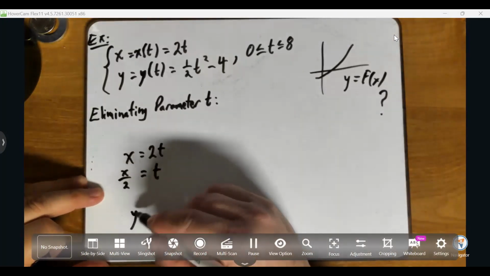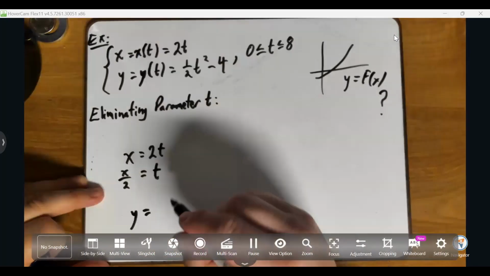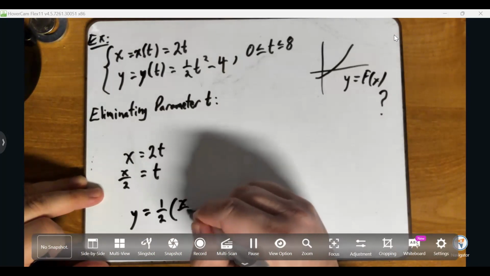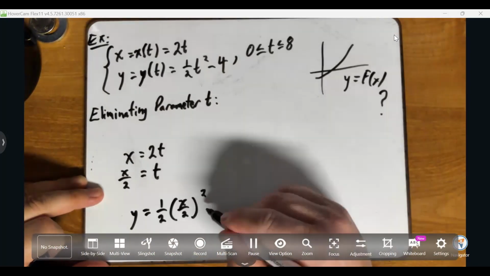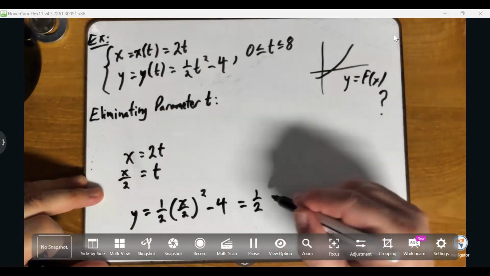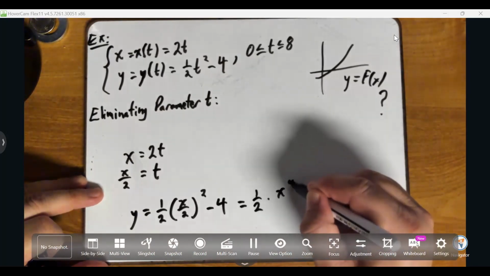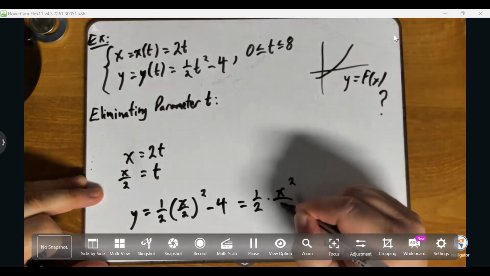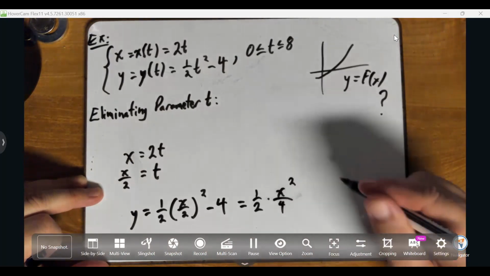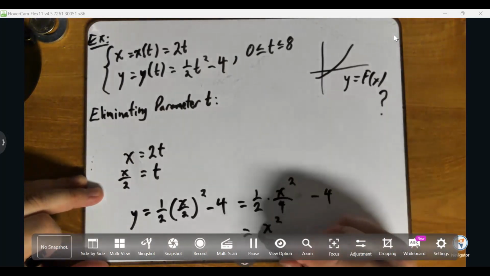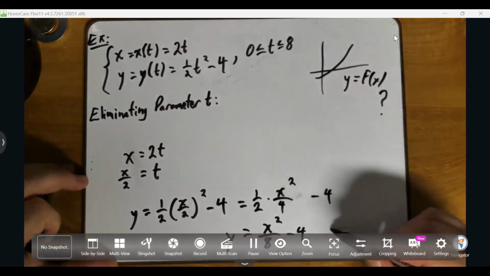And wherever I see t in the expression for y, I'd replace it with x over 2. So this would be 1/2 times x squared over 4, and that works out to be x squared over 8 minus 4. y equals x squared over 8 minus 4.